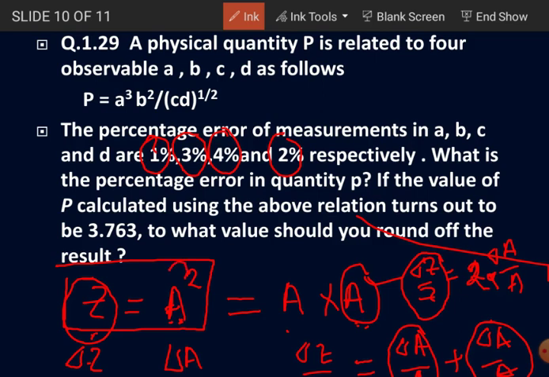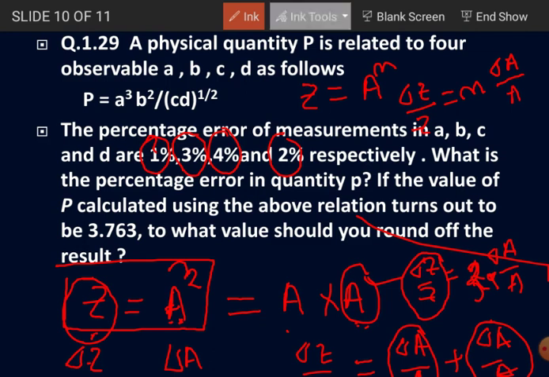Suppose if this is 3, then it will be 3 times this. So in general, if z is expressed as A to the power n, then the relative error in z will be equal to this power times the relative error in that individual physical quantity. Got it?